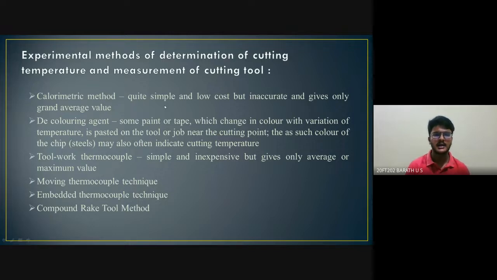The next one is the decoloring agent. It is like a type of tape or paint, painted on the tool near the edge of the tool. After the operation we check the tool, and if the tape has changed color, there are different colors like red, light red, yellow, blue and green, because the color shows how much temperature was created in that area.